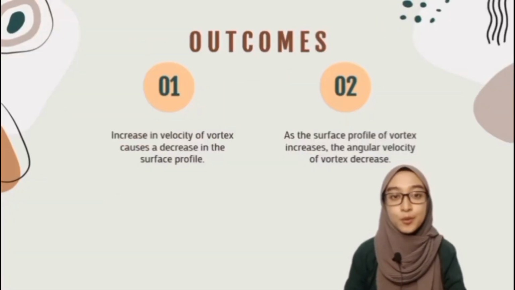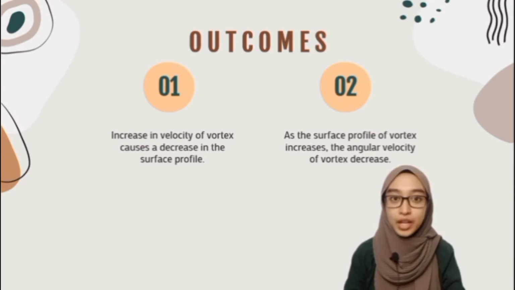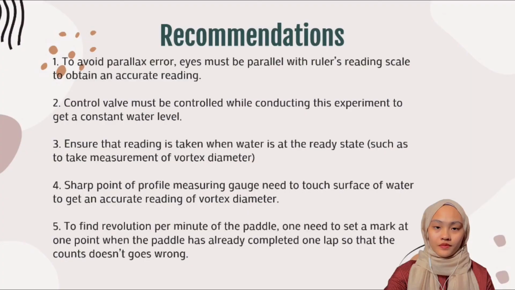Surface profile can be observed from the diameter of vortex. As an outcome for experiment 1, an increase in velocity will decrease the surface profile of vortex. As for experiment 2, the parabolic shape indicates lower angular velocity. Hence, as the surface profile increases, the angular velocity decreases.